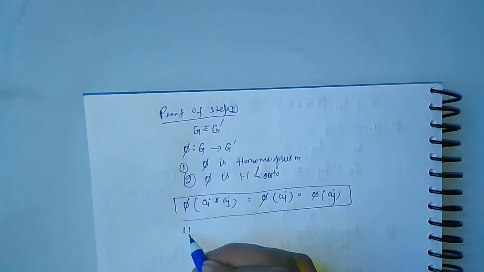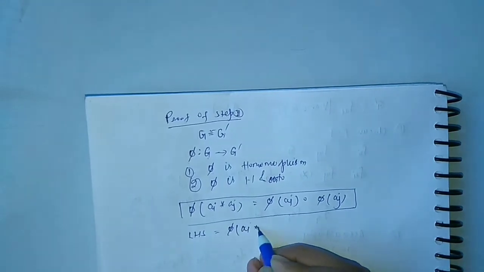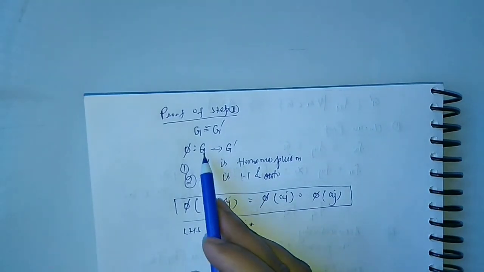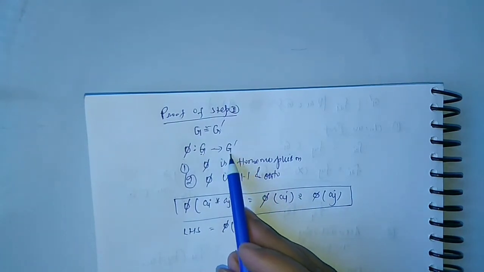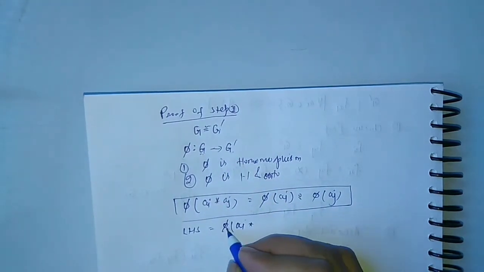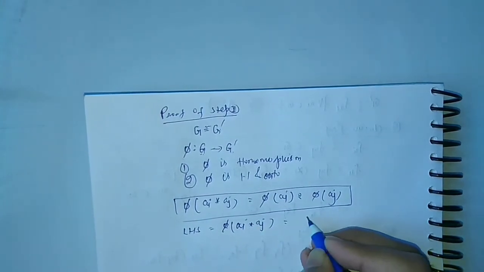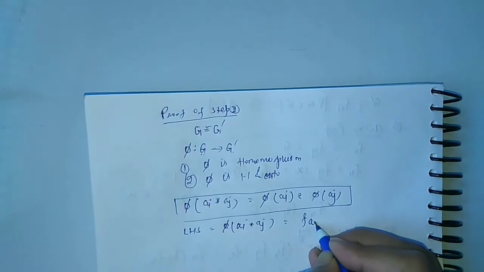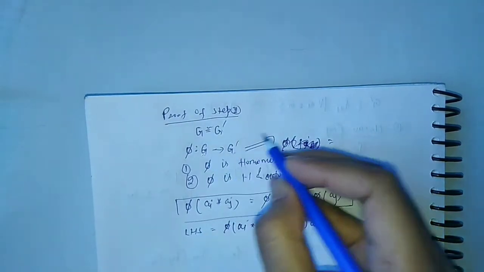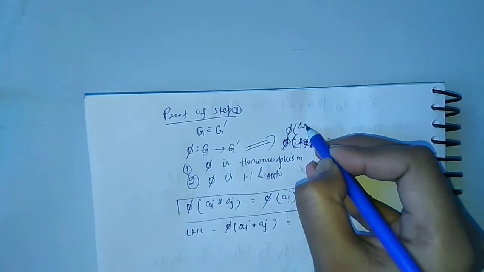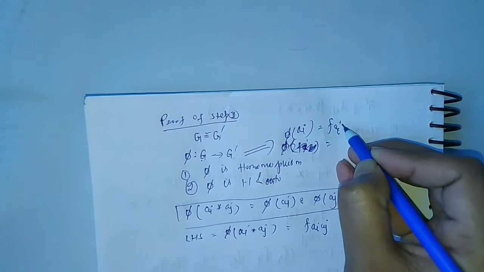So now LHS, that is phi(ai star aj), where star is a binary operation on G, and this operation is defined on the group G dash. So phi(ai star aj) is equal to f(ai aj). From the definition of this function, phi(ai) is equal to f(ai).